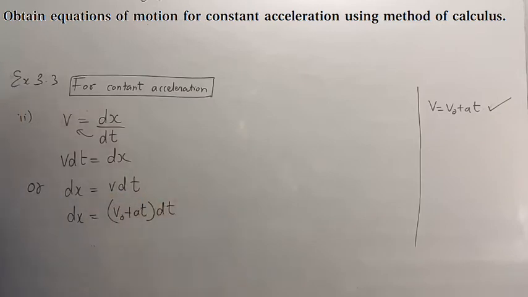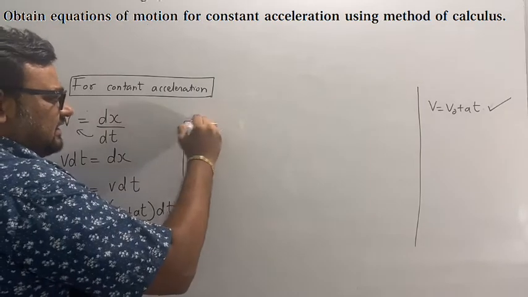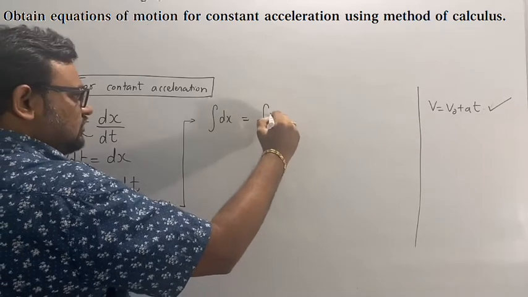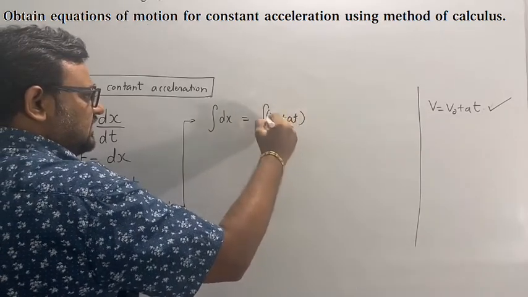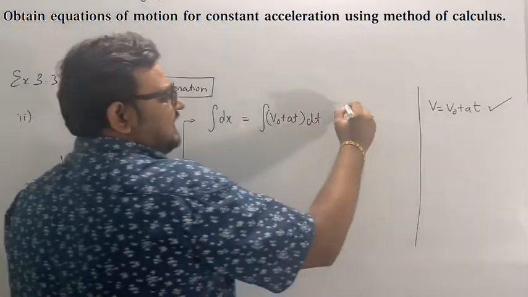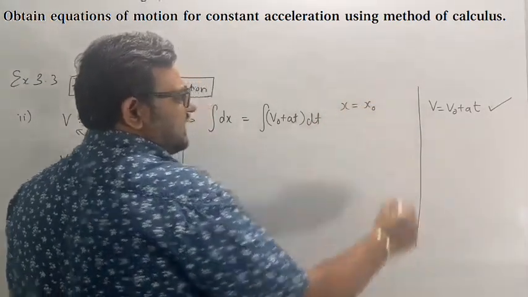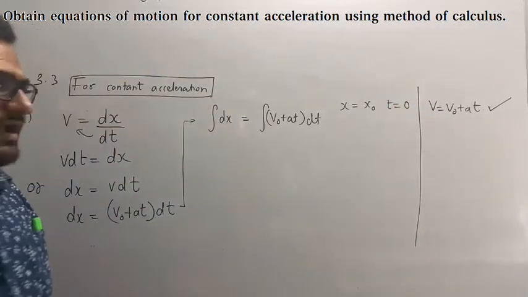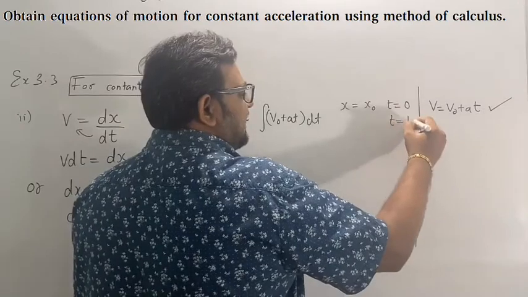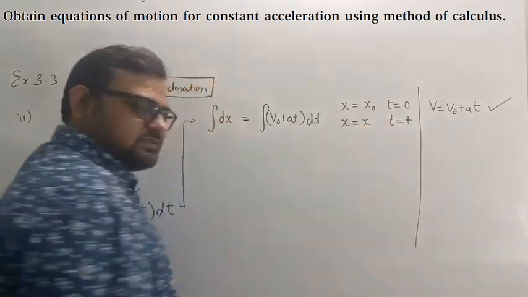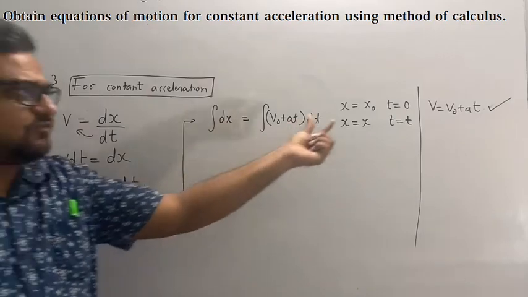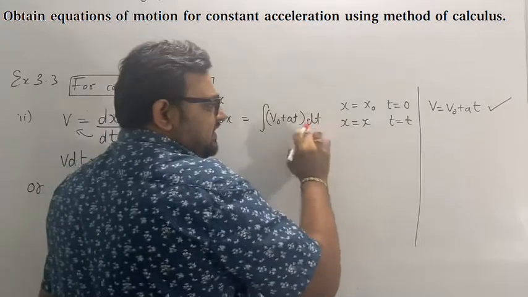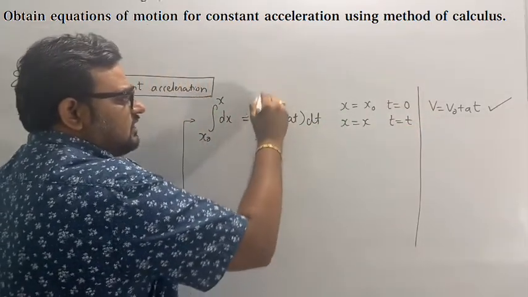Clear? So now I will integrate it. Integration of dx equals integration of v0 plus at dt. When I take the initial position as x0 at time t equal to 0, and at time t equal to t let the position be x, then when integrating dx it's from x0 to x, and for time dt it's 0 to t.